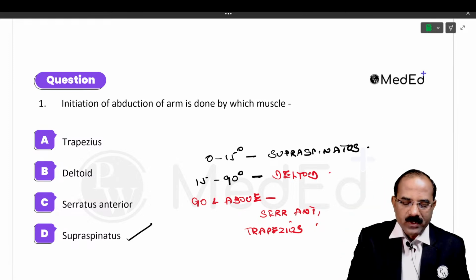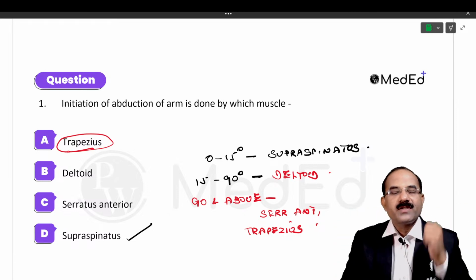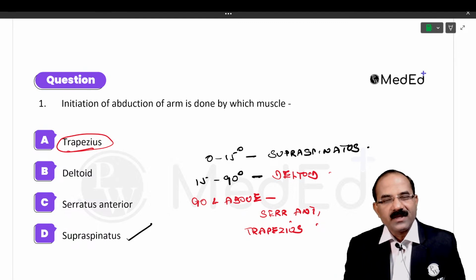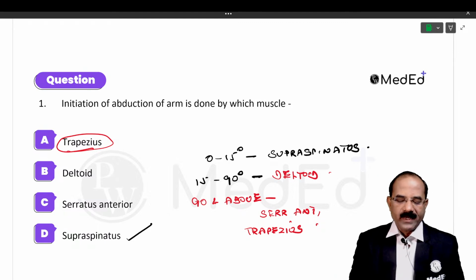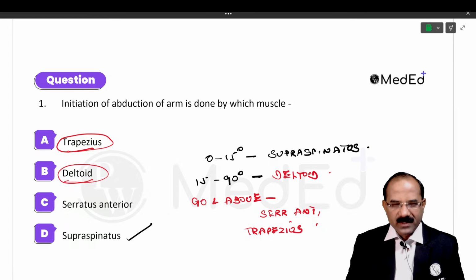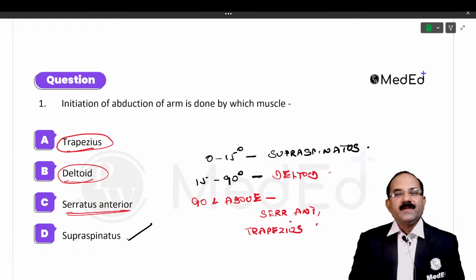Students, can you tell me the nerve supply of trapezius? The rest of the MCQs will also be covered in this. Any guesses? That's the spinal accessory nerve. What is the nerve supply of deltoid? The axillary nerve. What is the nerve supply of serratus anterior?